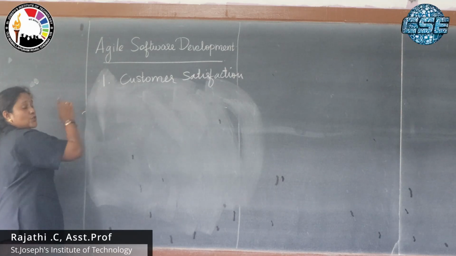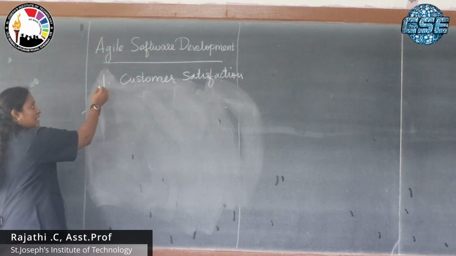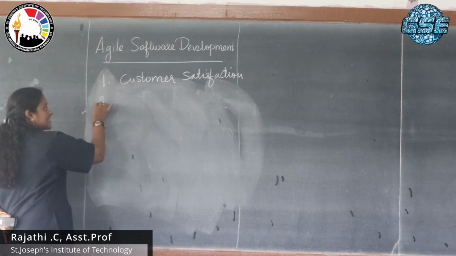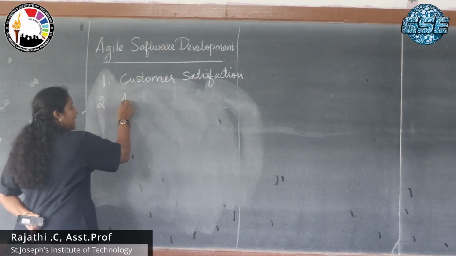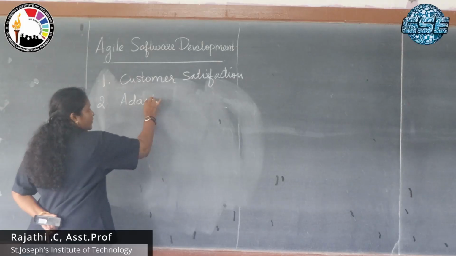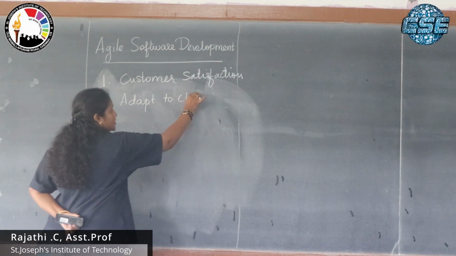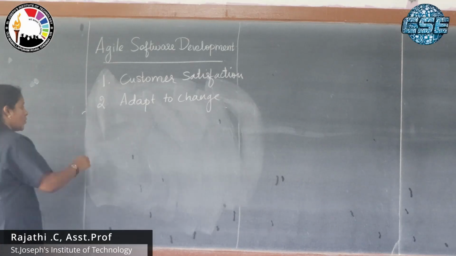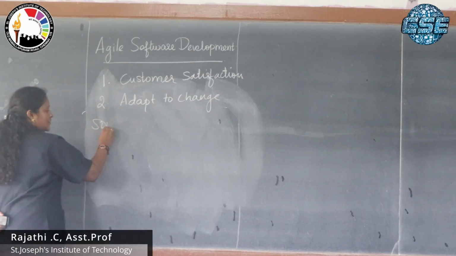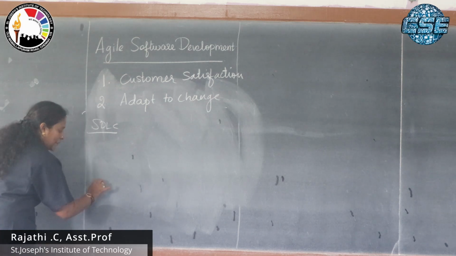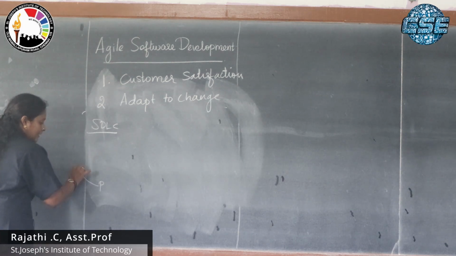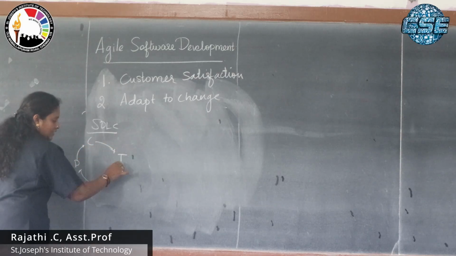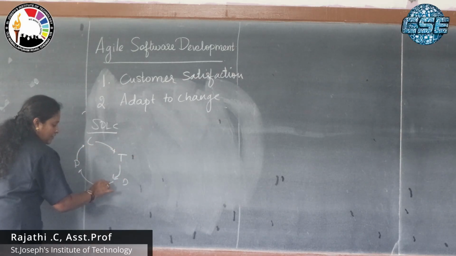The second principle is to adapt to change. What kind of change is going to happen? In the normal traditional SDLC, planning happens first, then design, code, test, deployment and feedback.